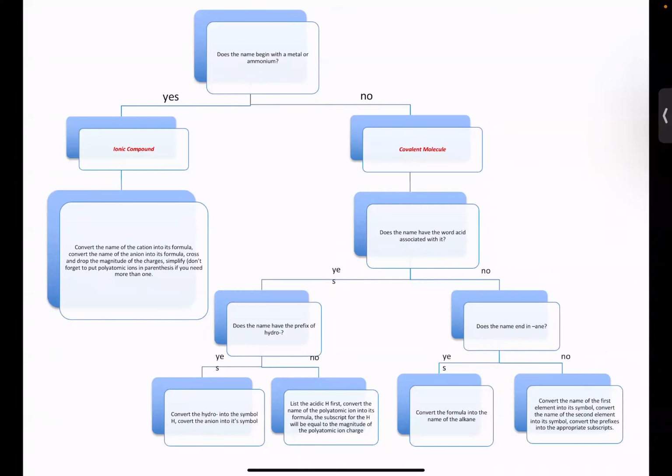How many protons does an element have? It's its atomic number. How many neutrons? Well, that's based on the isotope. How many electrons? Well, if it's neutral, it's the same as the protons, but if it's an ion, that's a different story.